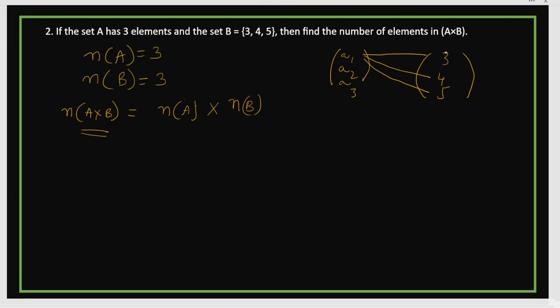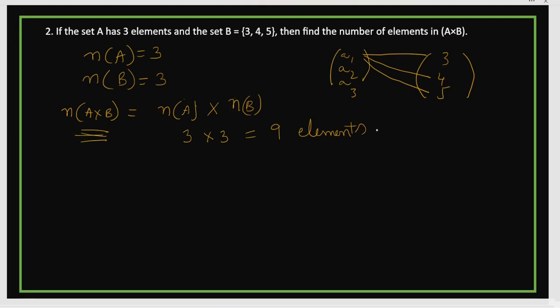Similarly, A2 will also go with all the elements 3, 4, 5. Like that, we'll get n(A) into n(B), which is 3 into 3. So how many elements will there be? 9 elements will be there in this Cartesian product of sets A and B.